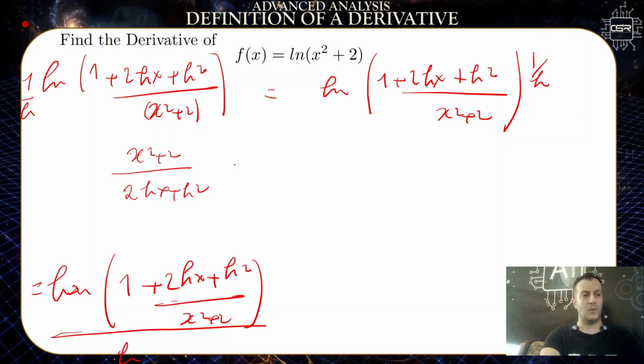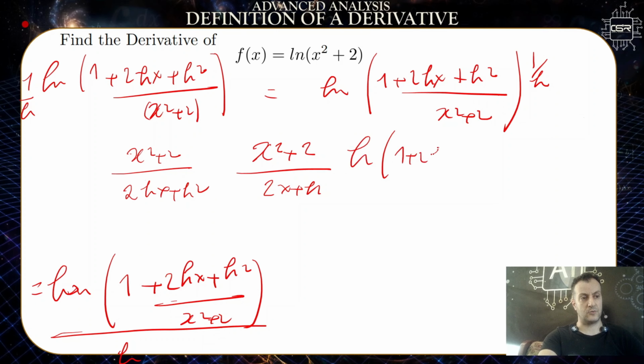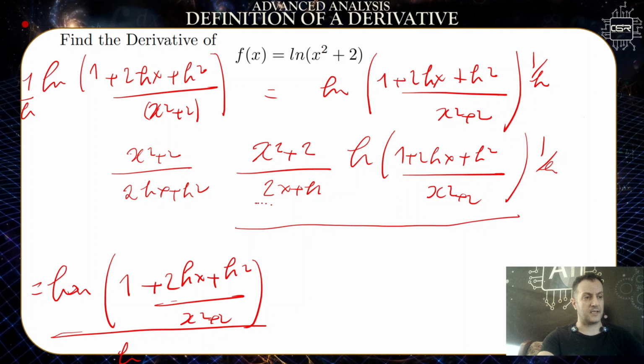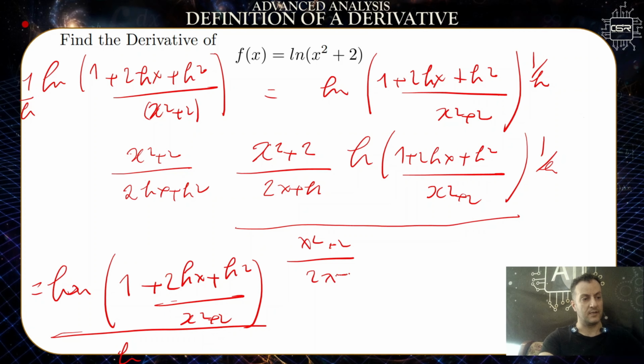We simply multiply the ln, the numerator and the denominator, by the same quantity. So x squared plus 2 divided by 2x plus h times ln of 1 plus 2hx plus h squared divided by x squared plus 2 to the power of 1 over h, and we divide by the same value here, x squared plus 2 divided by 2x plus h.